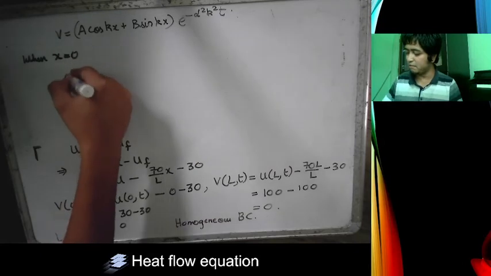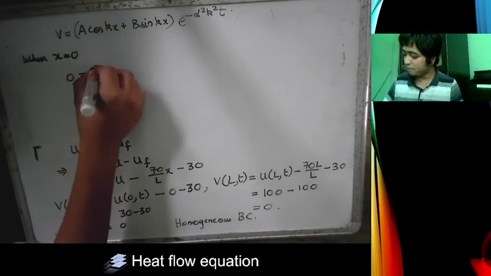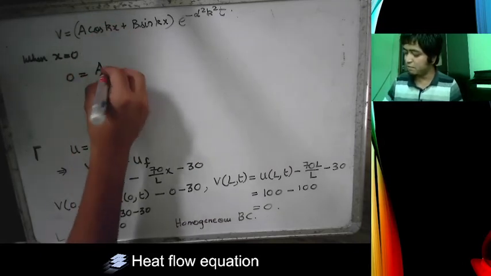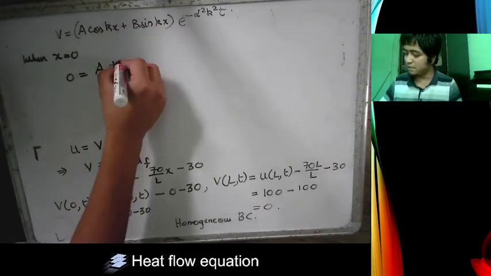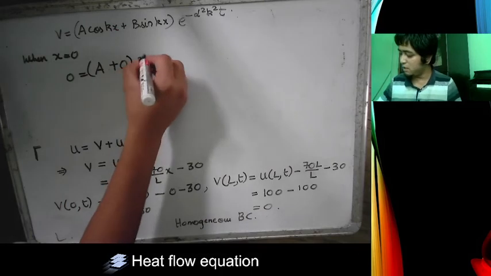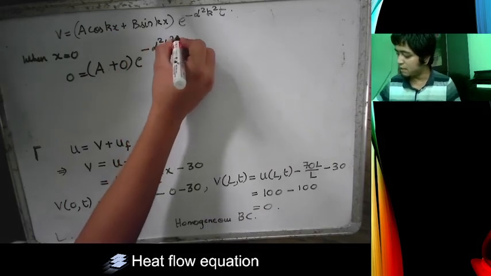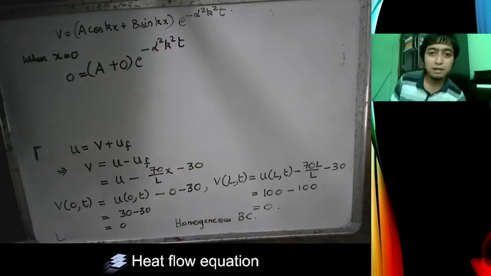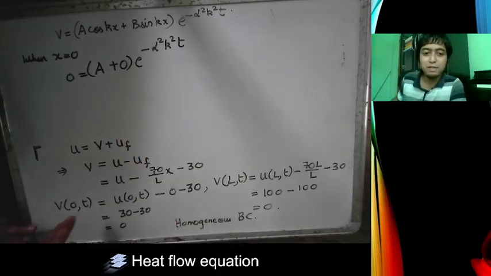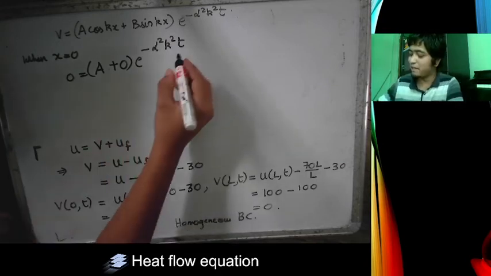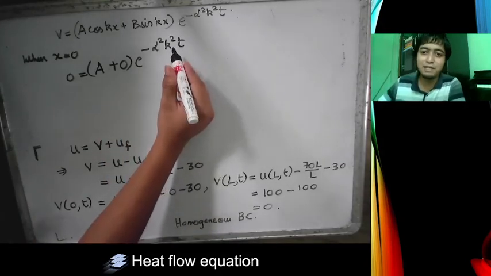Substitute it over here, x equal to 0, V is 0. So you will have A cos 0, which is 1, plus B sin 0, which is 0, times e to the minus alpha squared k squared t. This boundary condition works for any time.